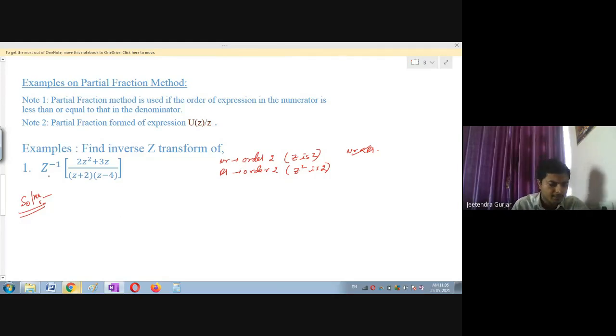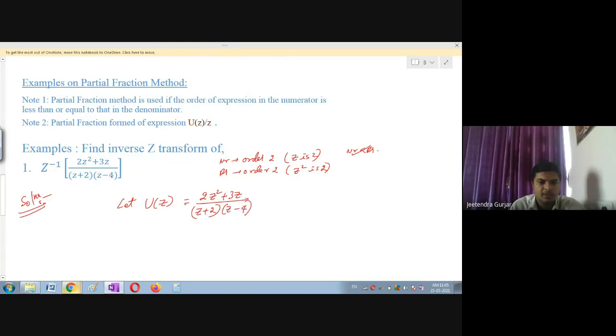So this is what we have: z inverse of (2z square plus 3z) divided by (z plus 2) into (z minus 4), students. So let U of z, please write down, U of z is equal to 2z square plus 3z divided by (z plus 2) and (z minus 4).